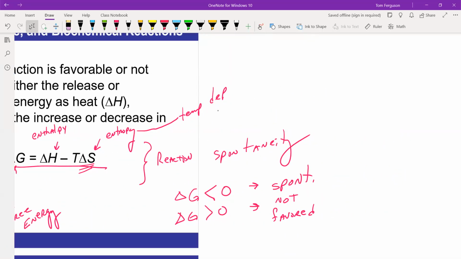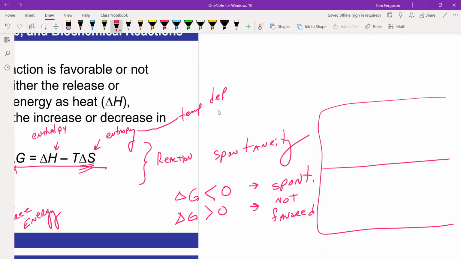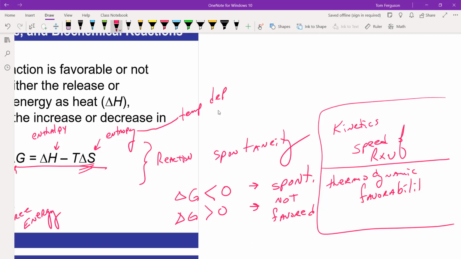So this whole idea of a reaction, there are two parts to it, and both of them are in place at all times.